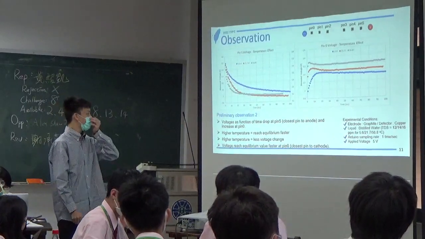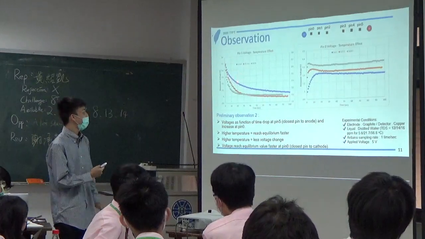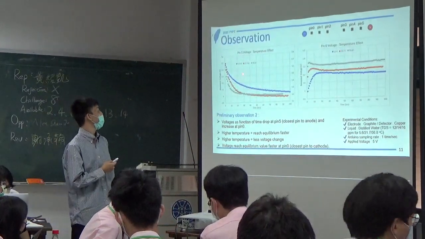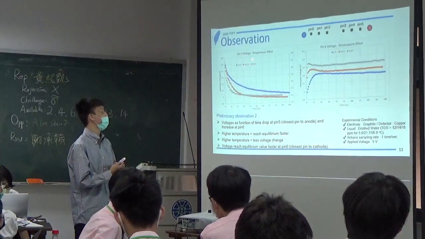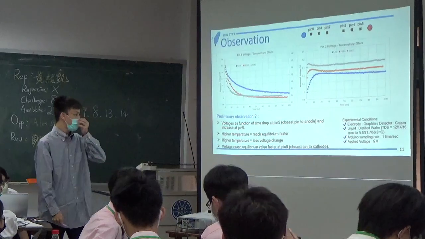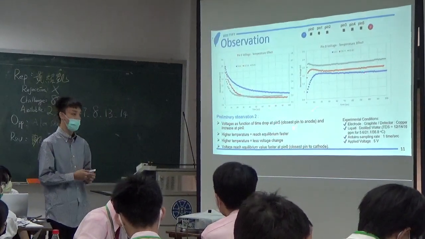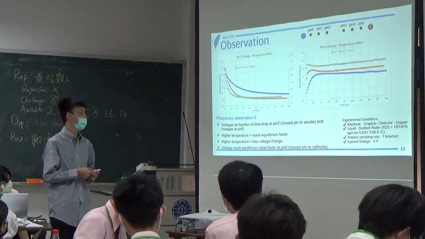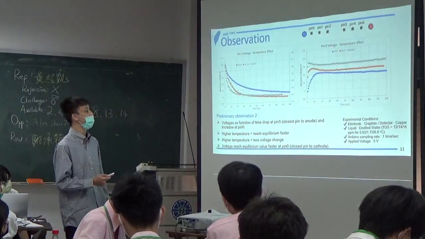To look at temperature effects, these three lines are set respectively at 5.6 degrees and all the way to 56.8 degrees. We find that temperature affects the rate at which the voltage reaches equilibrium: higher temperature means less voltage change and a faster rate to reach equilibrium.